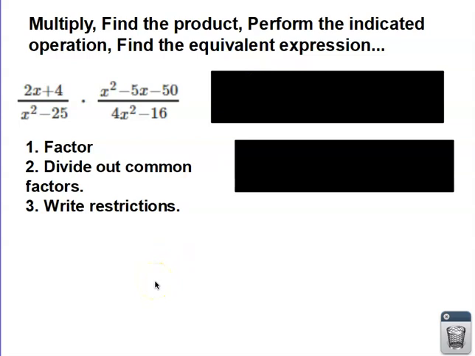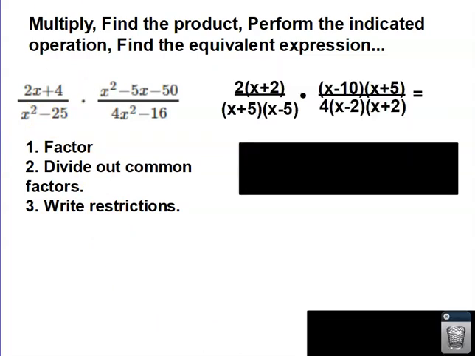So on these problems, you should factor each part first, then divide out common factors, write your final answer with the restrictions. So stop the video and I would like you to factor each one of these pieces and then come back. So hopefully these are the factors you got when you factored each one of these pieces.